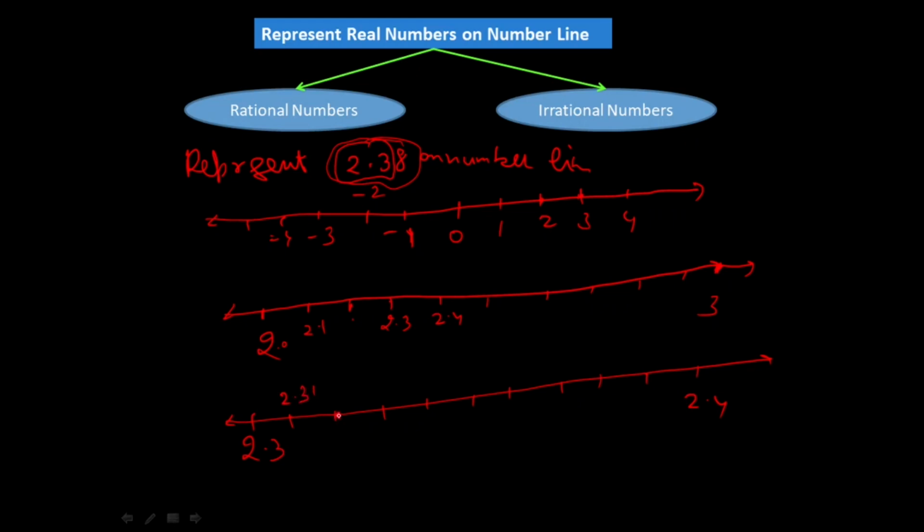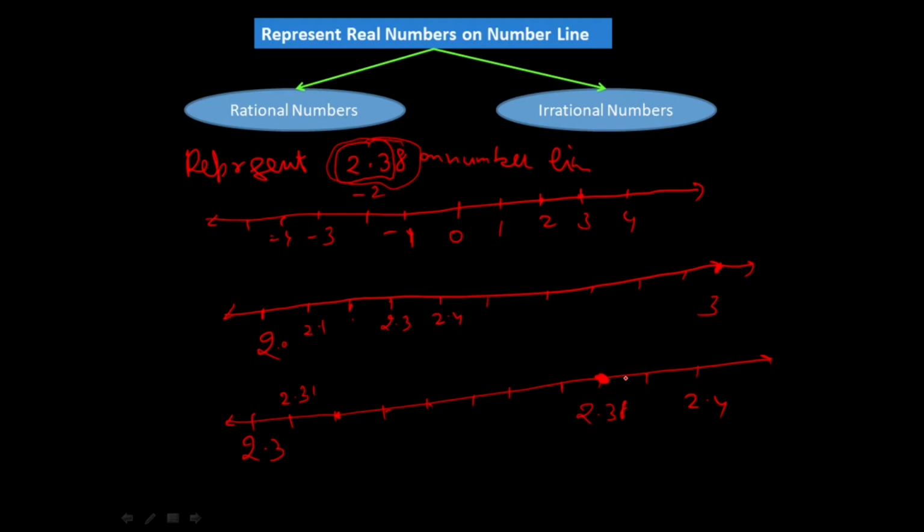This is 2.31, this is 2.32, 2.33, 34, 35, 36, 37, 38. Yeah, this value is 2.38. This is 2.39 and this is 2.4. Just highlight your answer. That's your answer. That's it.